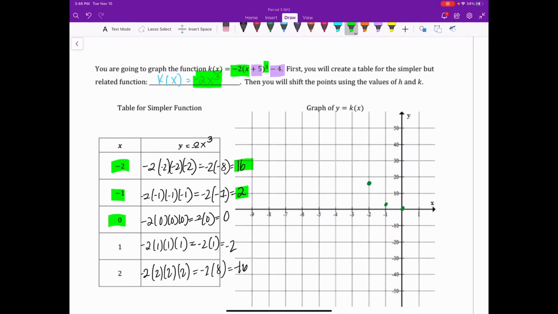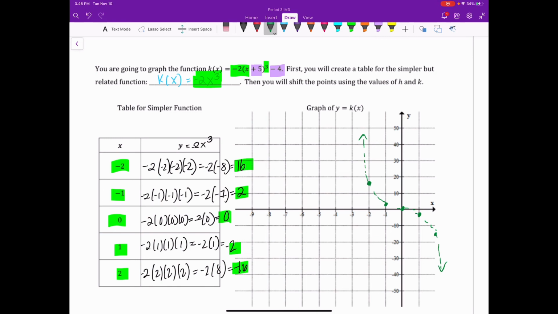And then 1, negative 2, it's about down here. And then 2, negative 16. So 2, negative 16 is about here. And so remember, this is not my final answer. This is only to make the sketch of this graph much simpler.